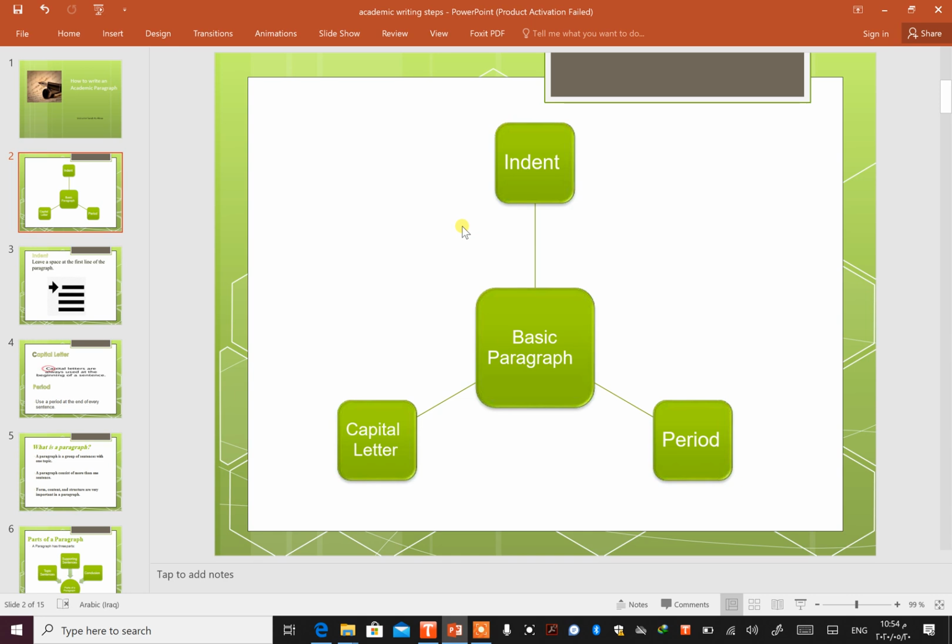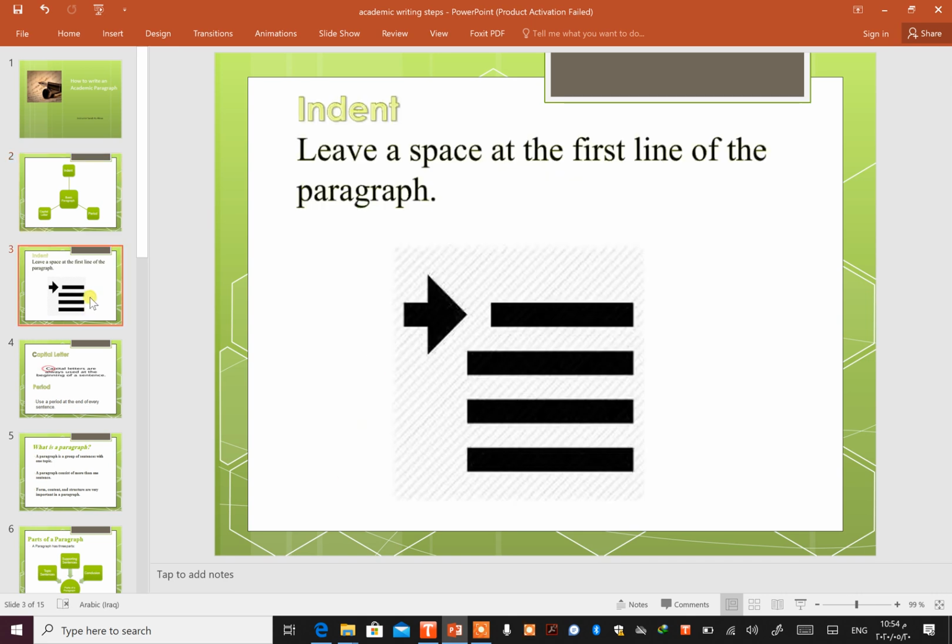You have to start it with a capital letter, like the name John or the name Sally. And we have the letter I. Every time we use the pronoun I, you have to write it as a capital letter. And each time you end a sentence, you have to put a period. Okay, so this is the form of a paragraph.